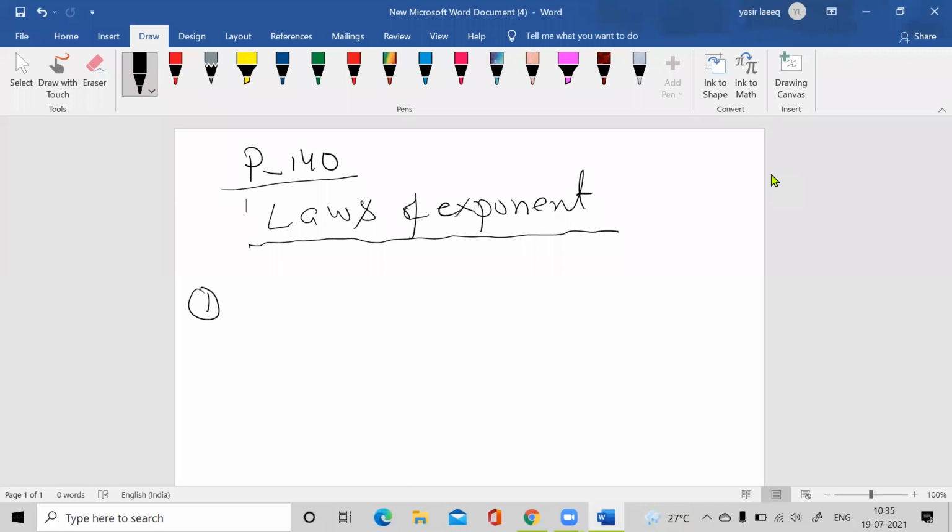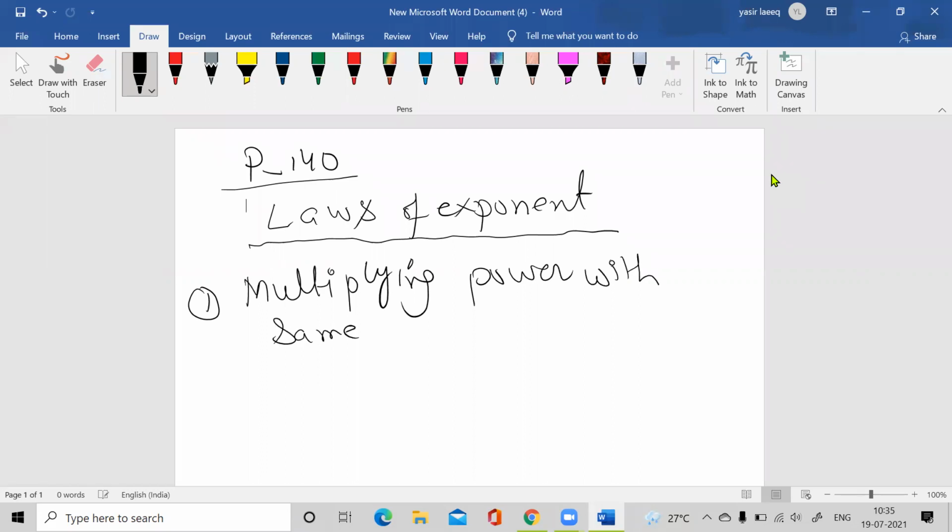multiplying powers with the same base. What is this? Basically, this is how to do this.